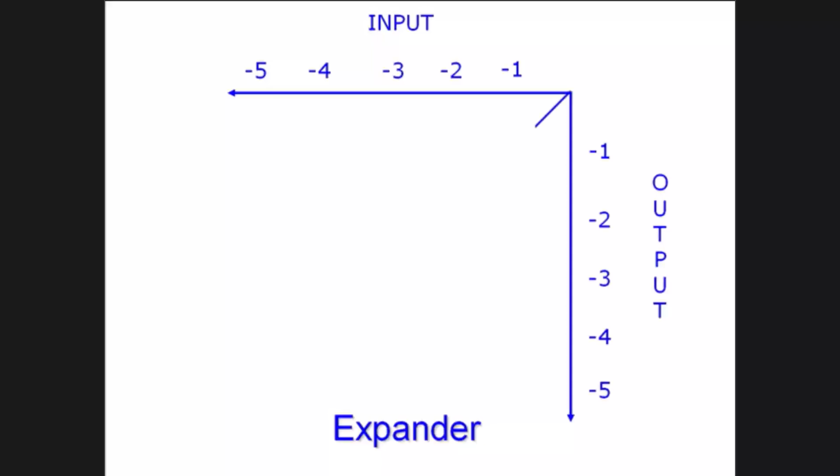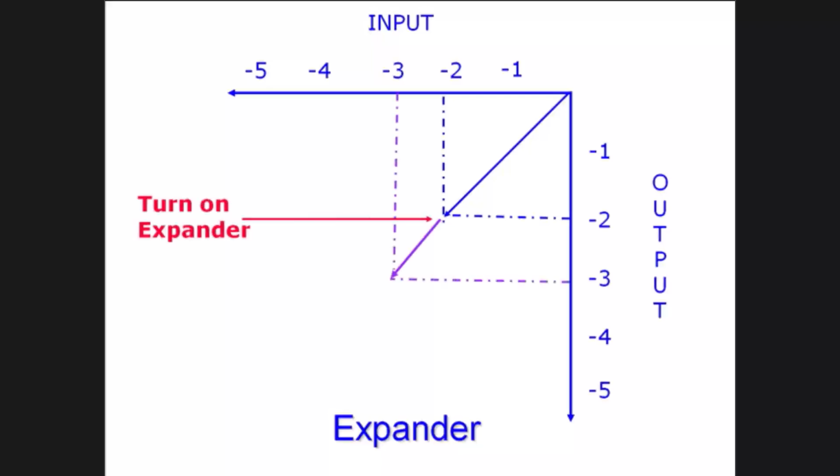Looking at an expander graphically, since it is the mirror of a compressor, we're looking at a decrease in signal. If the input decreases 1 unit, the output will decrease 1 unit. Likewise, 2 units. However, in this case, if we set the threshold of our expander at -2, a signal increasing 1 dB would be downwardly expanded and produce an output of -4 dB.